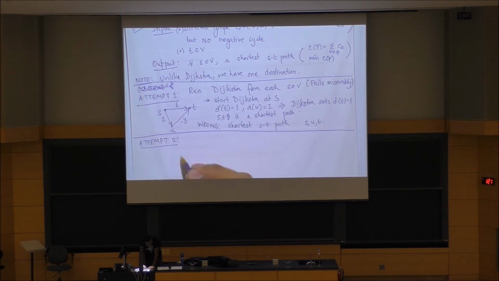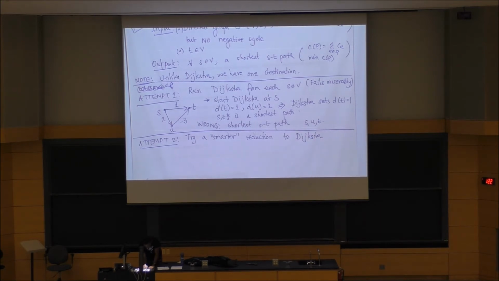So the idea is, try a smarter reduction to Dijkstra. And so in particular, it doesn't even have to be the absolute value of the largest negative edge weight. I mean, as long as you pick some value that's strictly bigger than that, that's fine.